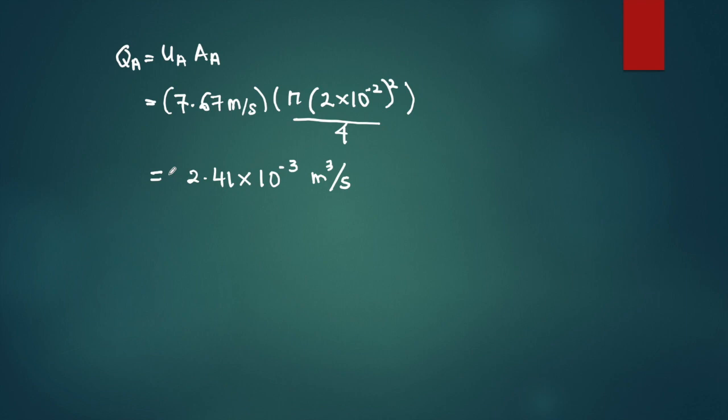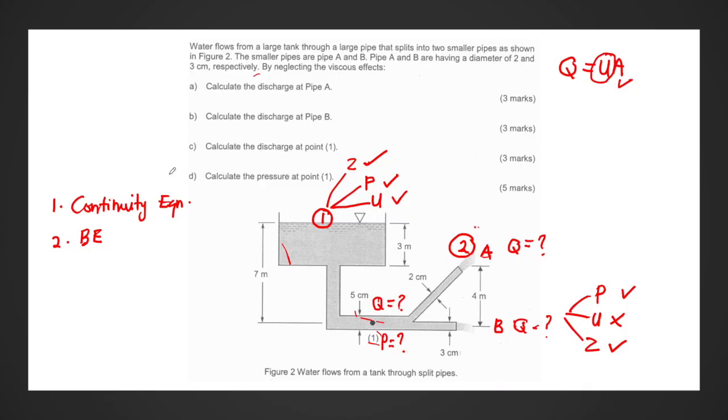Now we move to question B. So what is question B? Calculate the discharge at point B. Again, you have to select your point. It is the same as before. So point B will become your point 2. And then you have to select point number 1, either at point A or here, at the surface of the water in the tank.